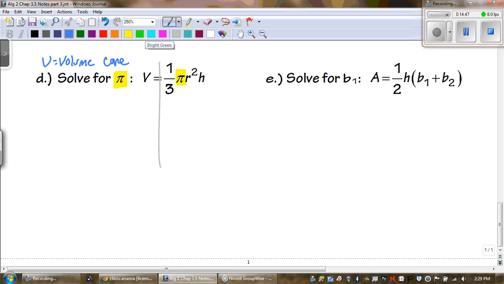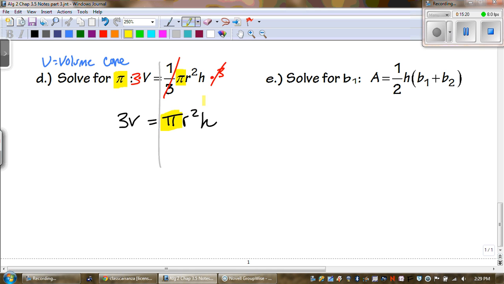Now, the first thing that I'm going to get rid of is that fraction, because I don't like fractions. We don't divide by fractions because you really don't want your problem to look like that. To get rid of a fraction, you multiply by the reciprocal, which is just 3. So those cancel, and you're left with 3V equals pi times radius squared times your height.